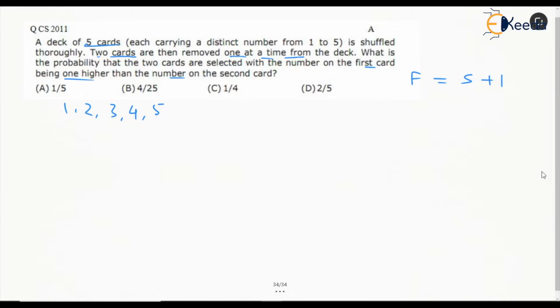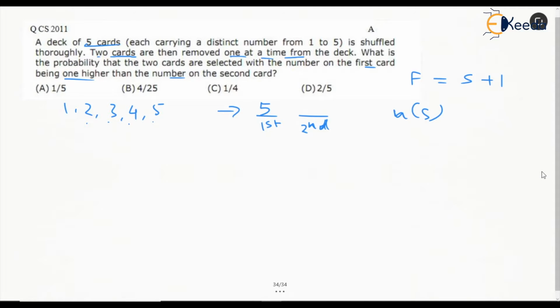Now that the cards are removed one at a time, let's say these are the first and second card. What is going to be the number of the sample space? The first card can be taken out in 5 ways, maybe 1, 2, 3, 4 or 5, any of it.